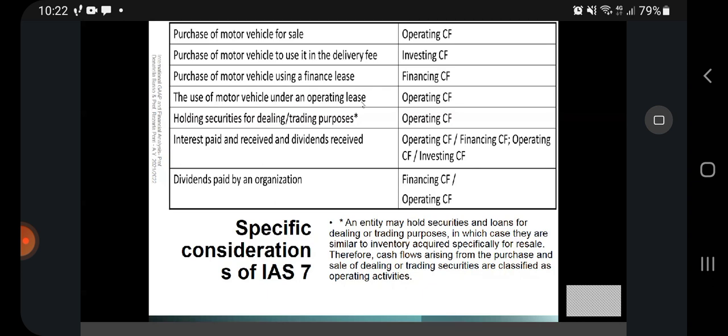You see, it's the same motor vehicle, but it is used for different purposes. Okay? We also have mentioned again the treatment of the interest paid and received and dividends received, and also dividends paid by an organization. Please be aware always for the purpose that the company makes a certain transaction. It may be the same, but for different purposes, it may be categorized under different categories, as you may see.